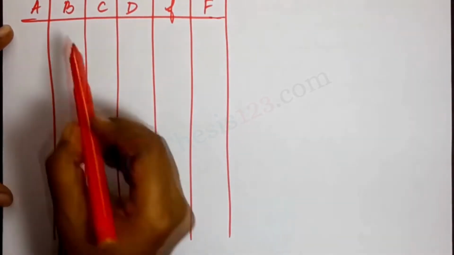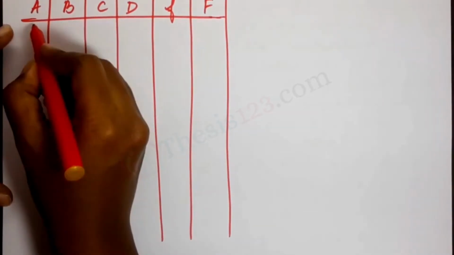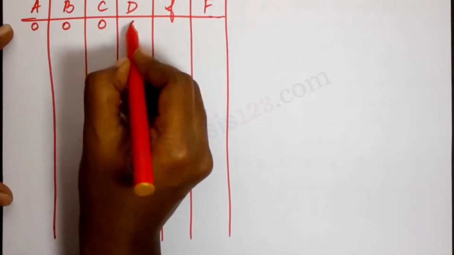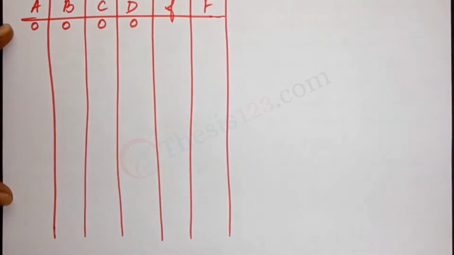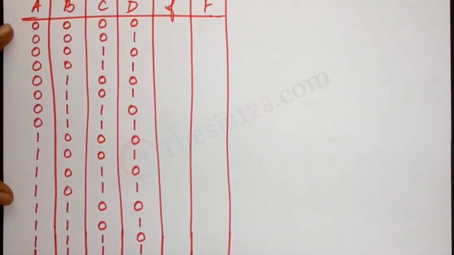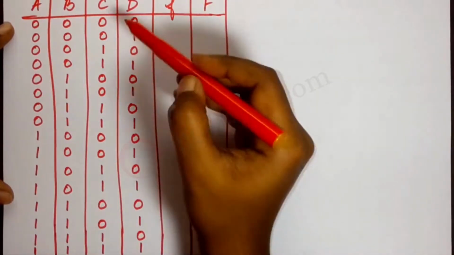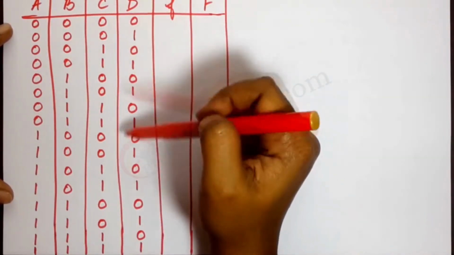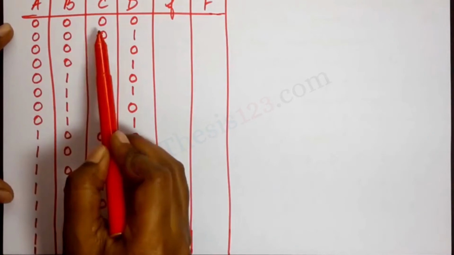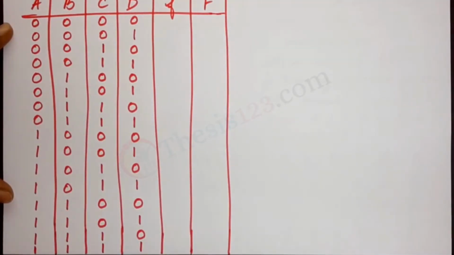Okay? So now let's write down the values from 0 to 15 in this portion here. Those are the binary values. Here you will see that I have written the values from 0 to 15 in binary numbers for A, B, C and D.